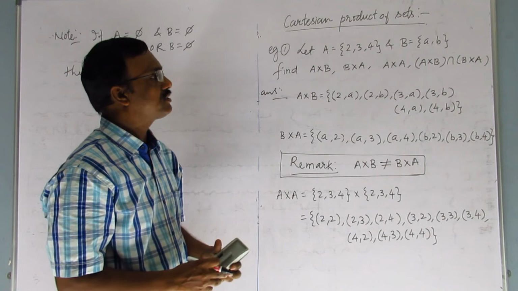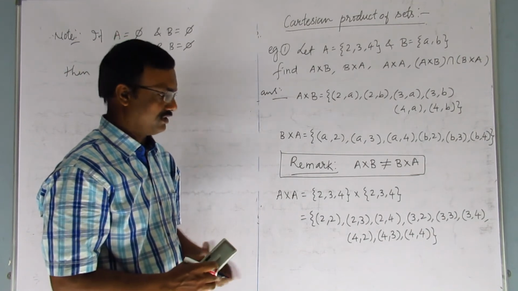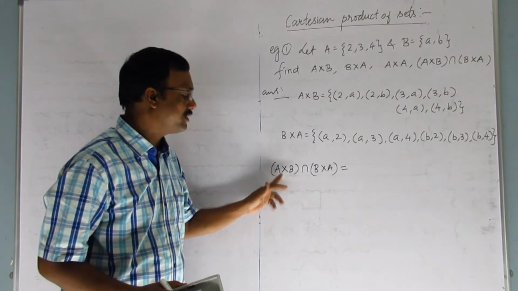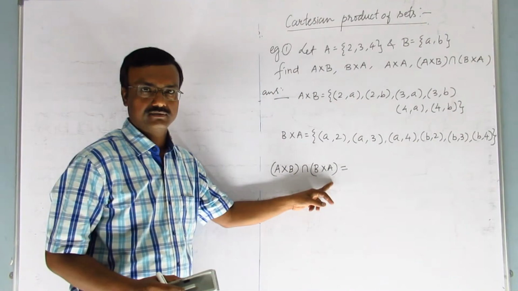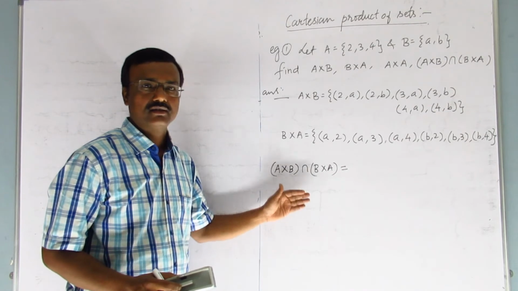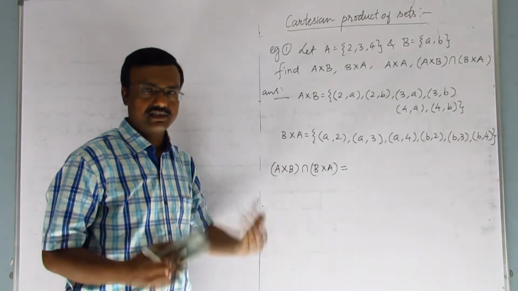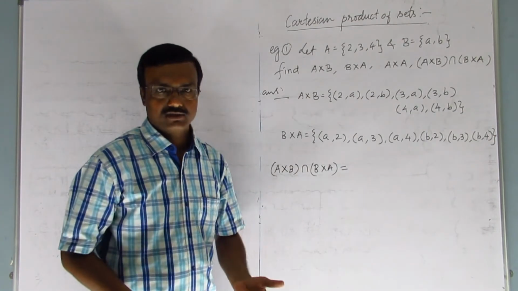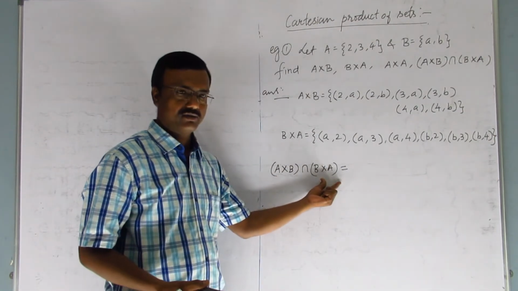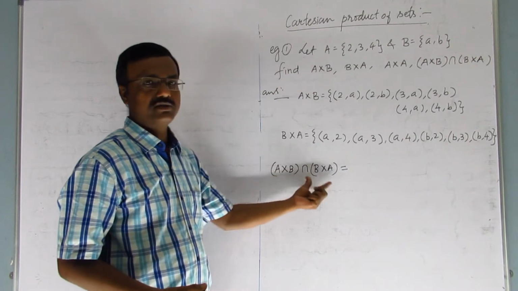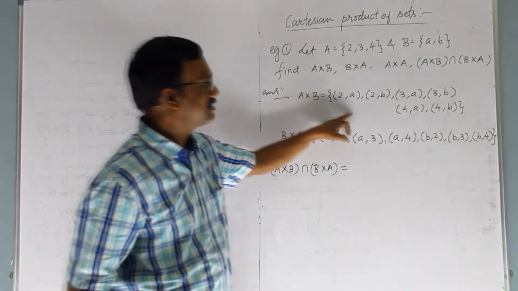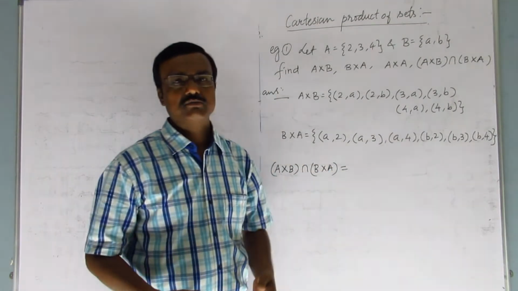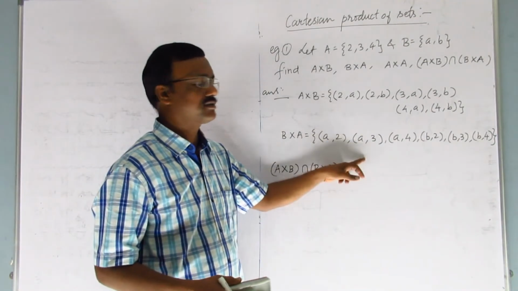Next is A cross B intersection B cross A. Okay, so let us see what that is. As you have studied intersection in the set chapter, intersection means the common elements in both the sets. To find out common elements in both the sets, A cross B, so these are the elements, B cross A, these are the elements. Which element can you find common between these two sets?